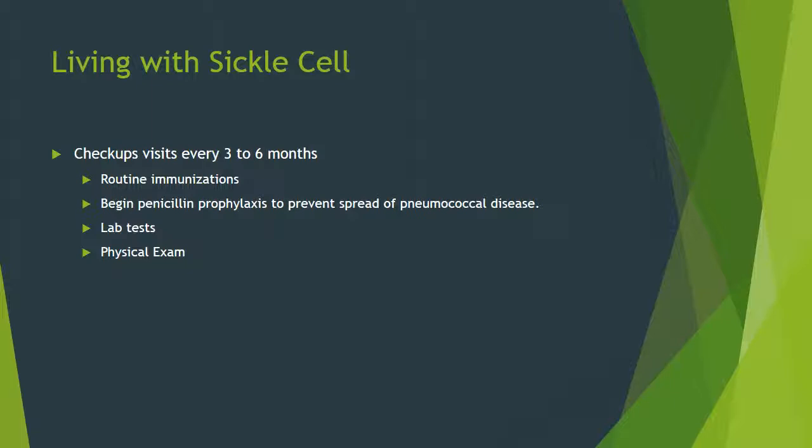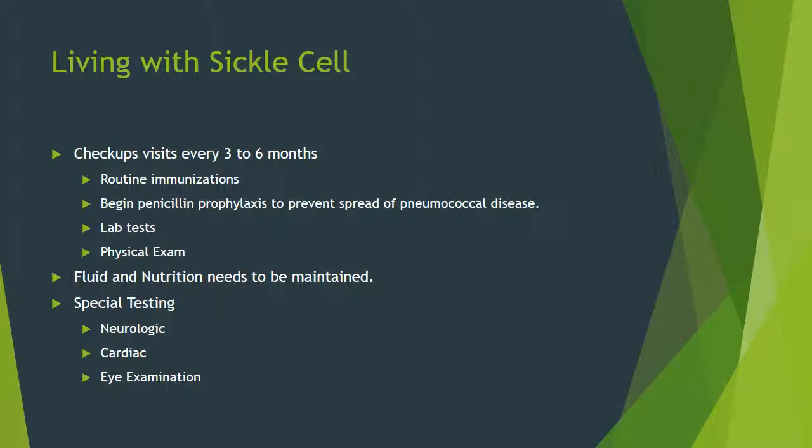Also, they need to maintain fluid and nutrition levels. A doctor will have a special interest in making sure that they have neurologic testing, cardiac, and eye exams, due to the risk of blood vessels rupturing or new blood vessels forming, and they're very weak, so they'll just burst and bleed.